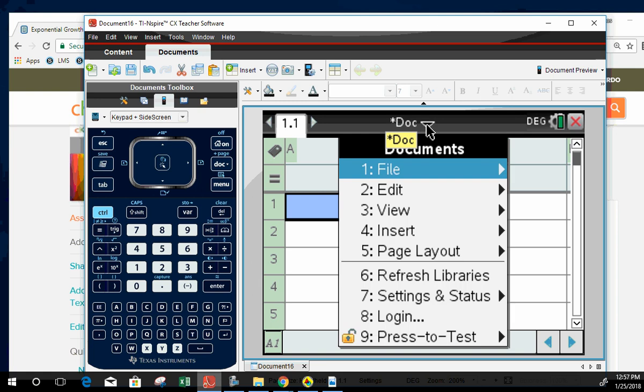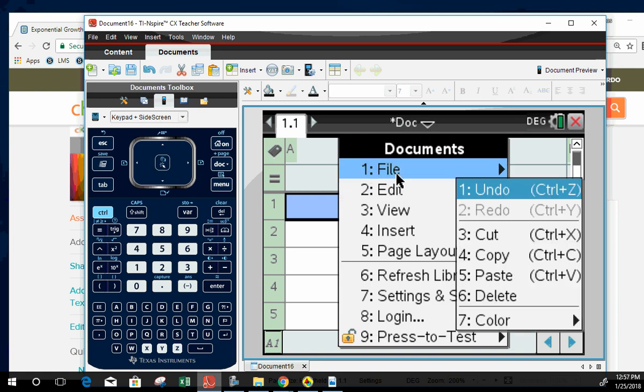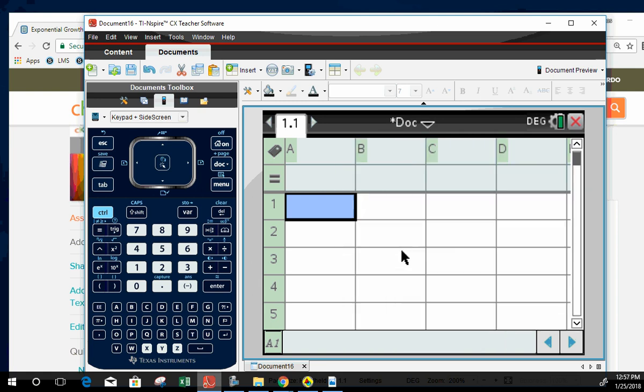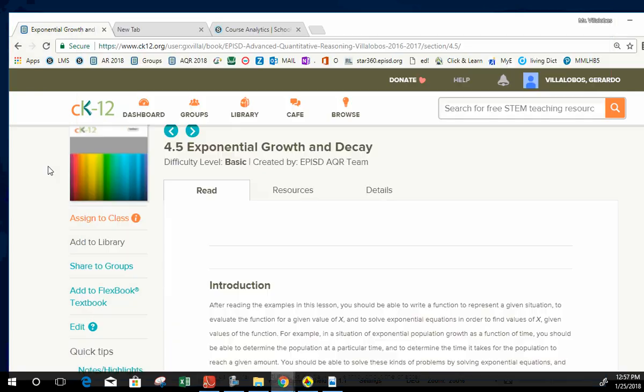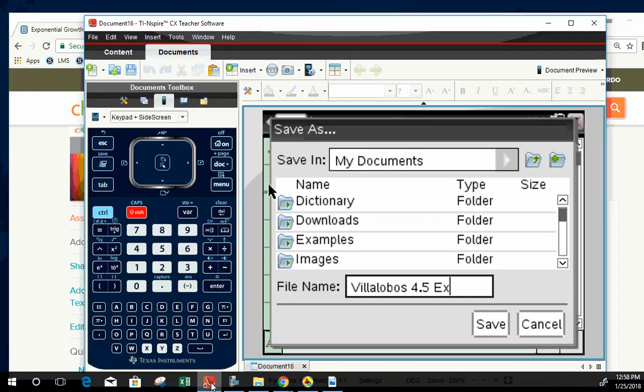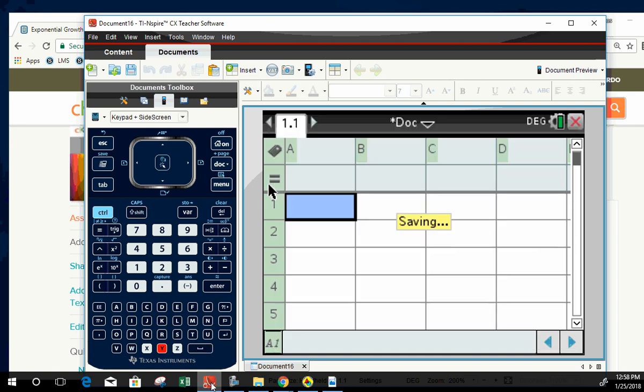I'm going to save this as Villalobos, use your last name, 4.5. Title of this section is Exponential Growth and Decay.